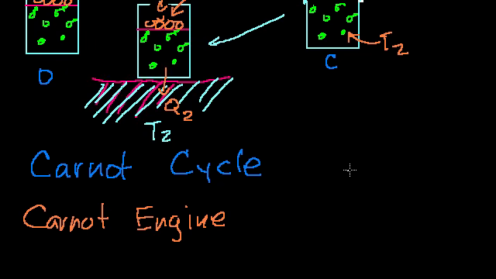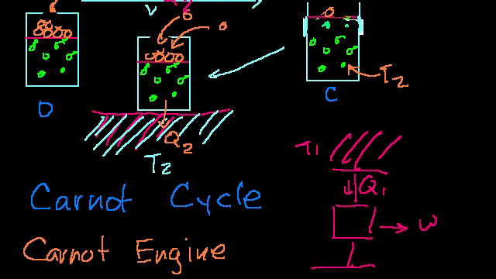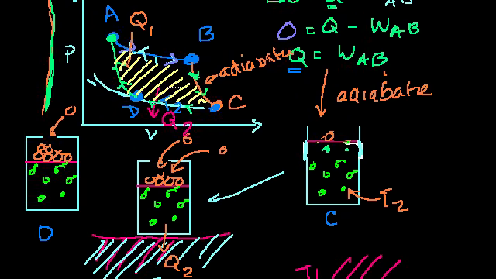You have a reservoir at T1, and then you have your engine right here. It takes Q1 in from this reservoir. It does some work, right? The work is represented by the area inside of our cycle.